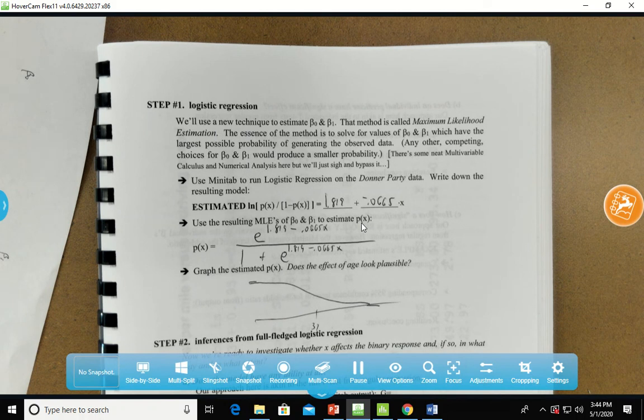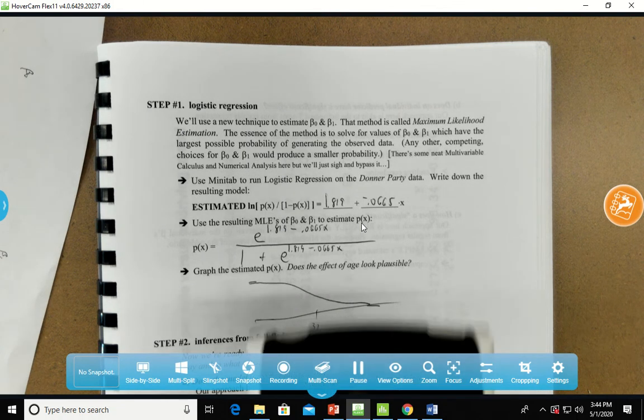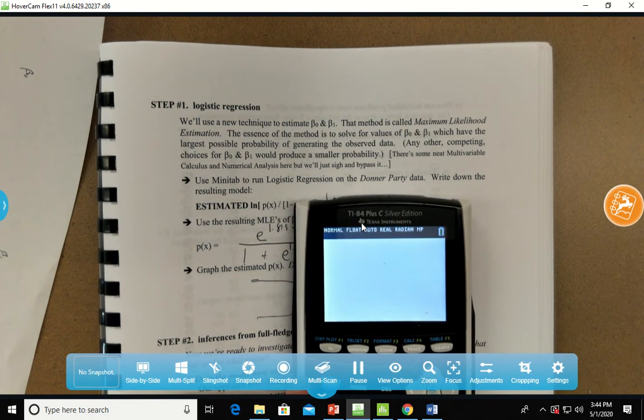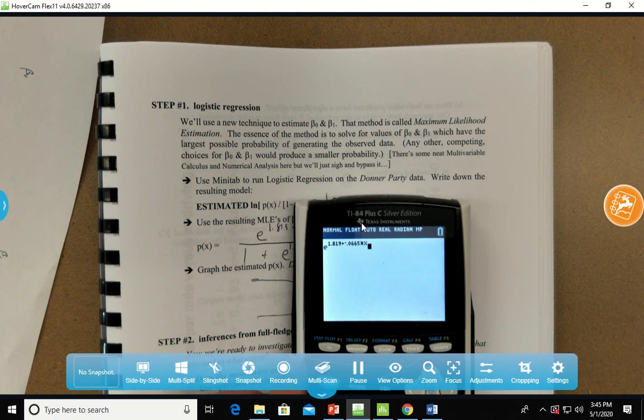Now, we could just kind of predict here, and I think I will, just to give me an idea of how we might survive. So I'm going to go ahead and type in the equation e to the 1.819 plus negative 0.0665 times x divided by 1 plus the exponential of 1.819 minus 0.0665 times x.